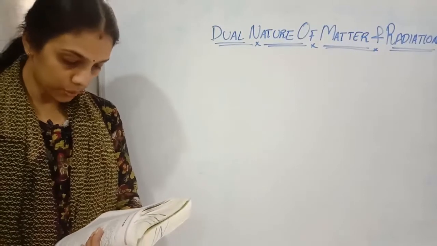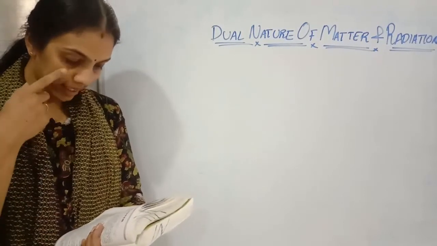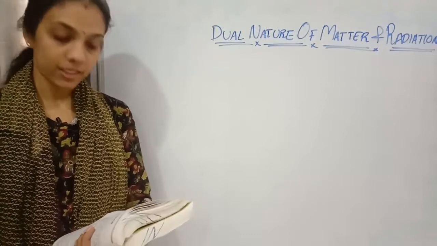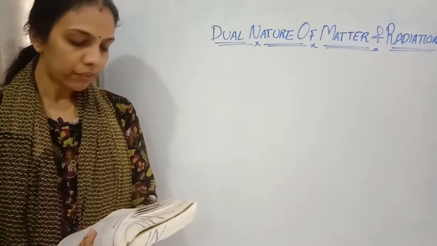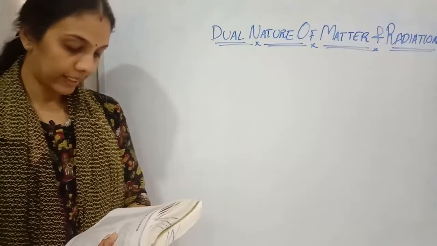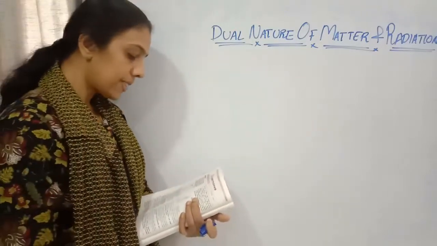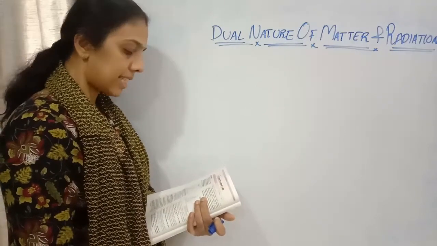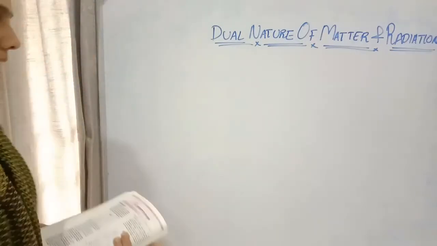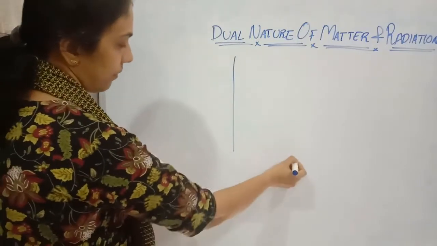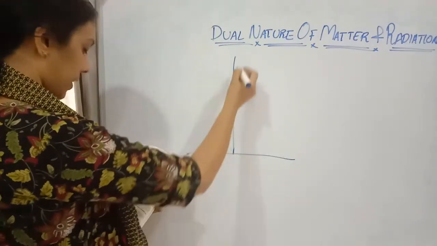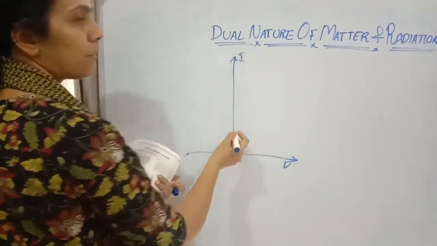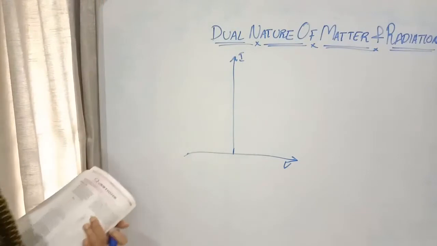The graph shows the variation of photoelectric current versus applied voltage for two different photosensitive materials for two different intensities of incident radiations. Identify the pairs of curves that correspond to different materials but same intensity of incident radiation. Materials are different. So here the graph is given between I and V. This is potential and this is the number of photoelectrons or current we will be representing.